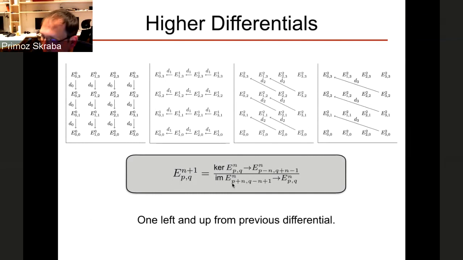This is exactly what's encoded in these coefficients. If I look at d2 and I want d3, I just go one up and one to the left from the previous one. So d4 would go one up and one to the left, somewhere out here.